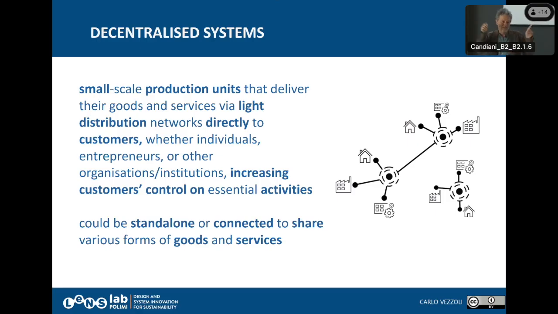The other two are connected. For example, I have a surplus of energy in my home, and I can share it, and I can give it to my neighbor, because there is a network, and maybe he or she is in need of this energy, and vice versa, okay? So we may have the two situations.